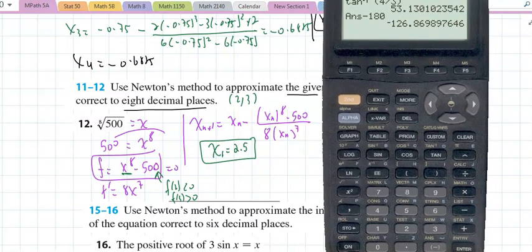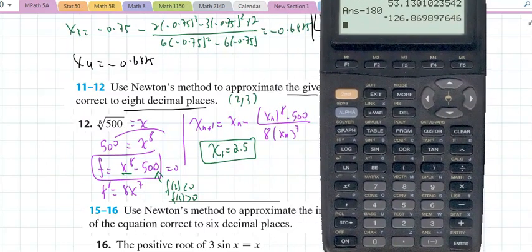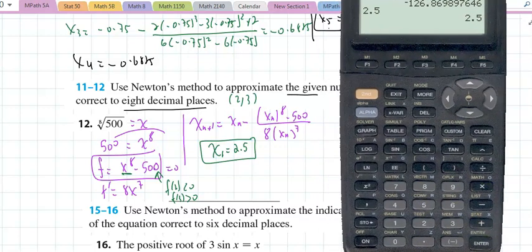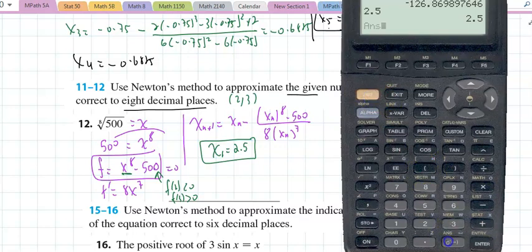and this calculator, let's keep it that way. If I take 2.5, enter. And now if I take my answer minus parentheses, my answer raised to the 8th minus 500 divided by parentheses 8 times my answer raised to the 7th power.